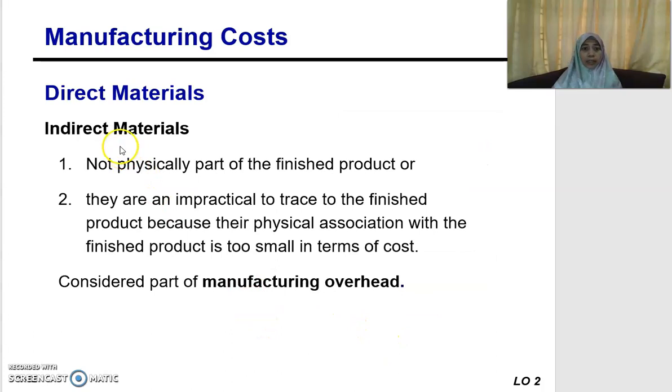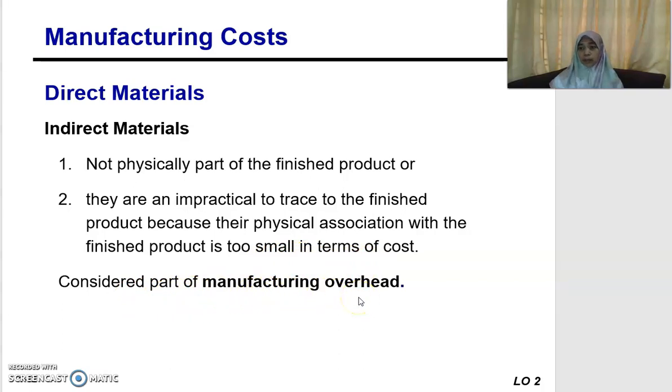What about your indirect materials? Indirect materials are not physically part of the finished product, or it is impractical to trace them to the finished product because their cost is too small. So they can be considered part of the manufacturing overhead.